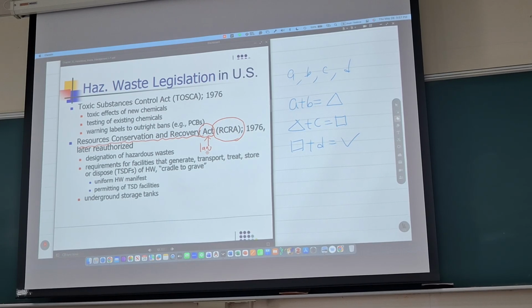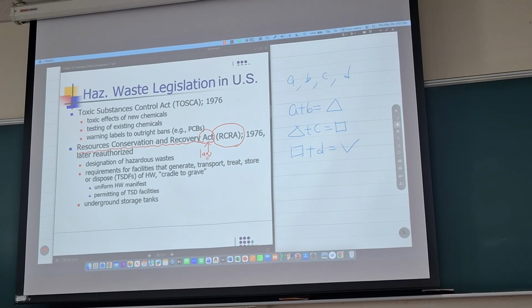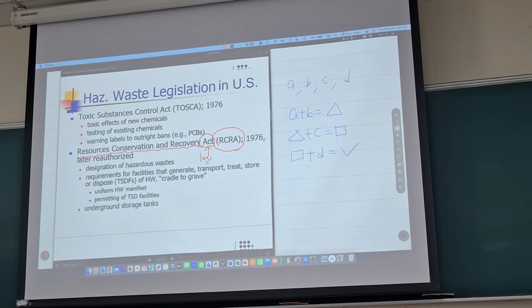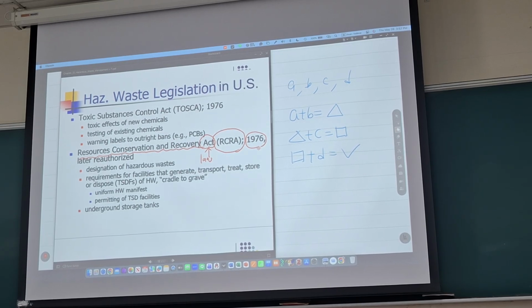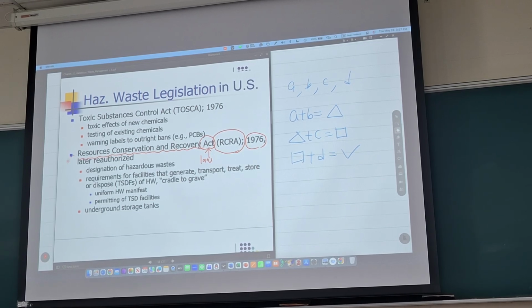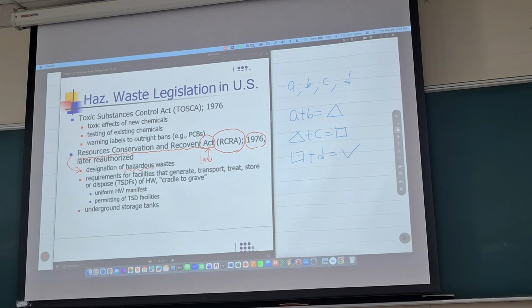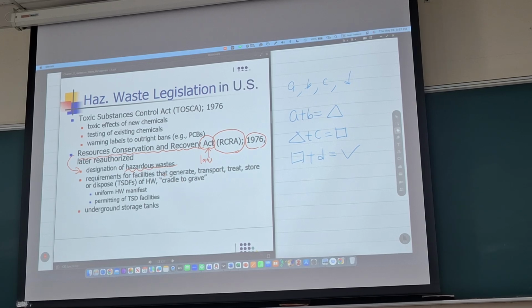So RCRA is a law, legislated in 1976. And this law is special for hazardous waste.